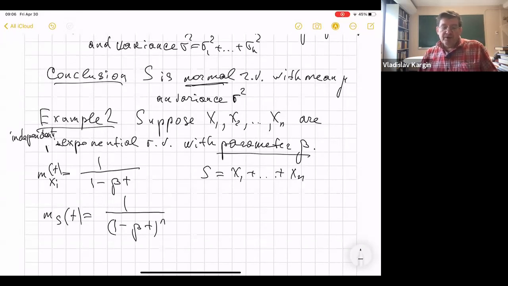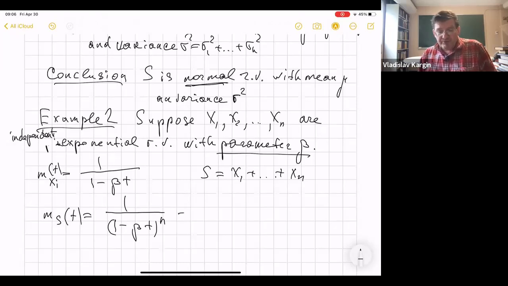We look at this and say, at least this is not exponential, because it's not 1 minus beta t, it's something different. So the sum of exponential random variables is not exponential. But after that, we can look at the list of all MGFs and hope to find some MGF which corresponds to this specific one. If you look attentively, you find there is an MGF which looks like that.